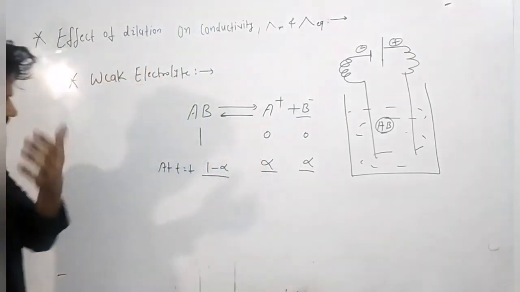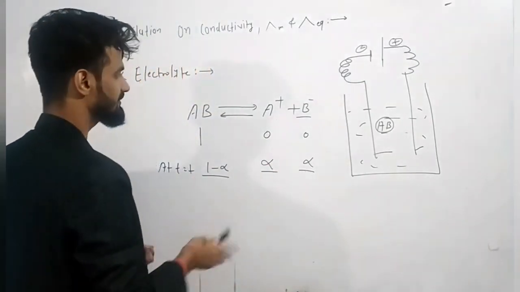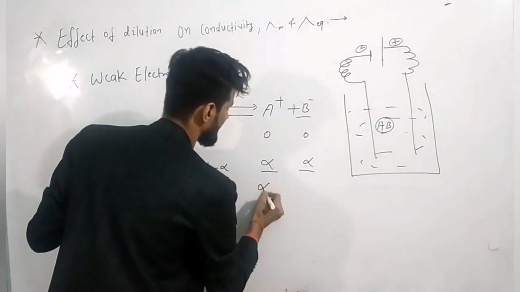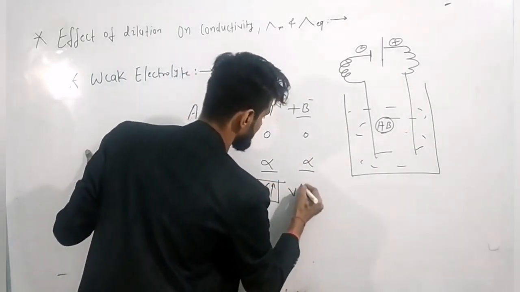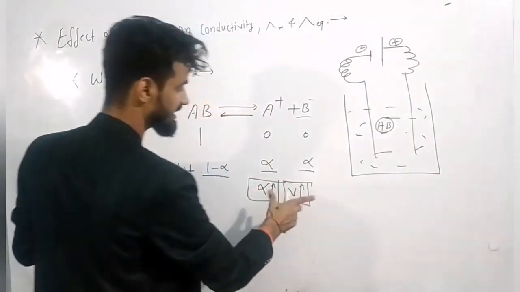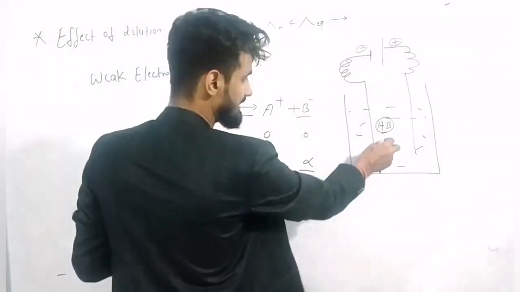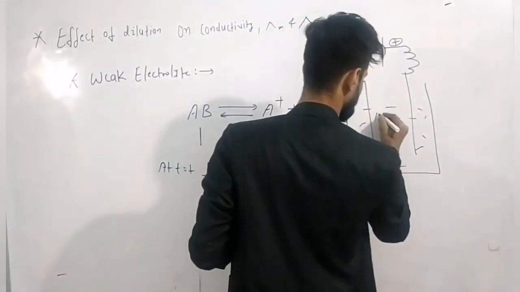I think up to this point you all are clear. Understand one thing: alpha is very less than 1. Now, if you are going to dilute, then due to dilution the value of alpha increases. Degree of dissociation increases if volume increases. This means that in this particular electrolyte solution, the number of charge carriers will increase.